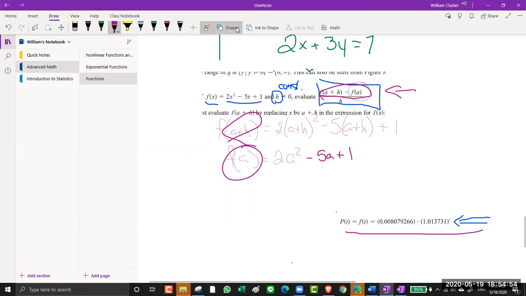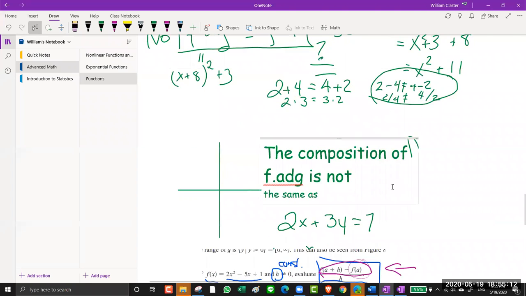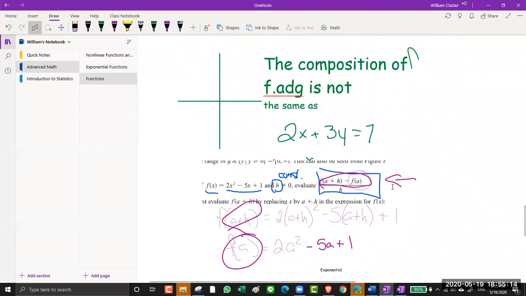What did she say it was? Oh, she said it was exponential. I think we just saw an exponential function when I was playing around with this thing here. Let's try it again.